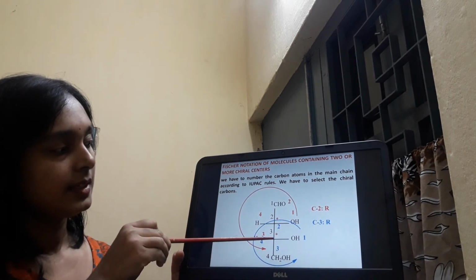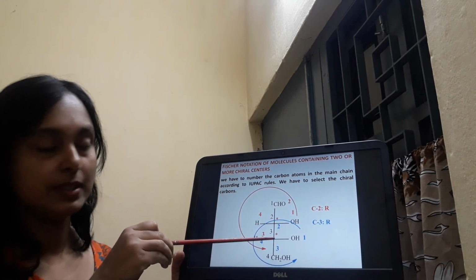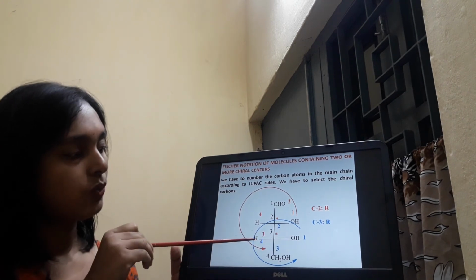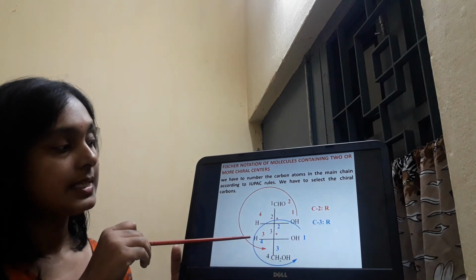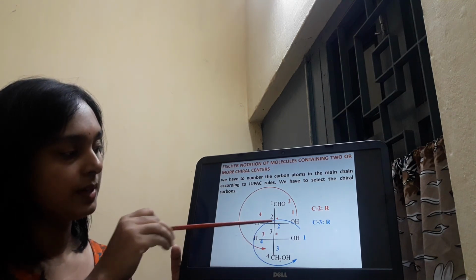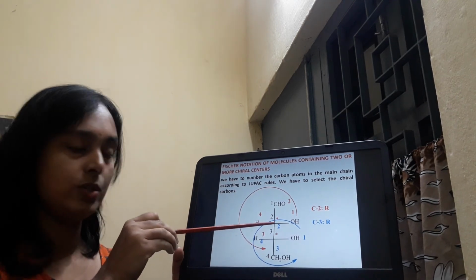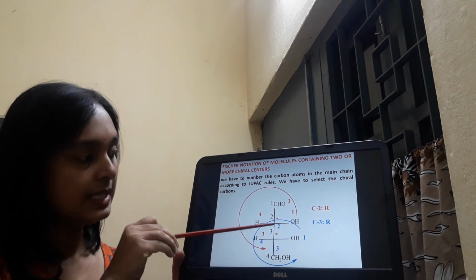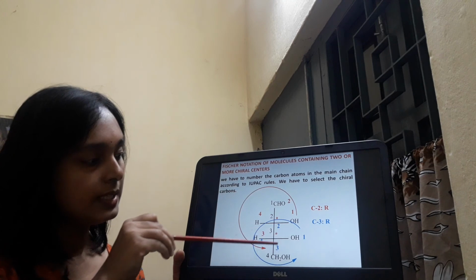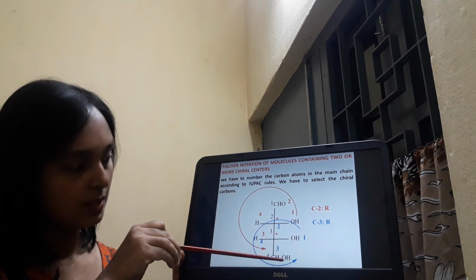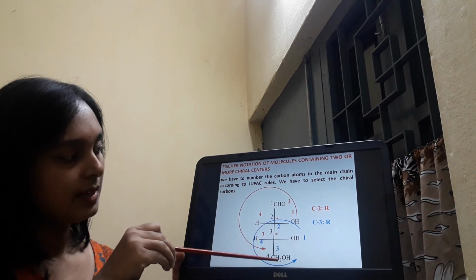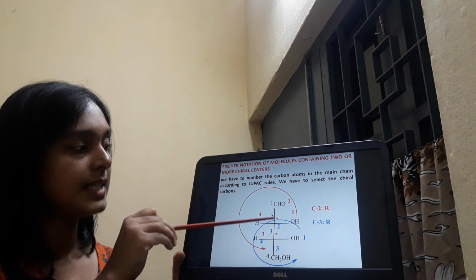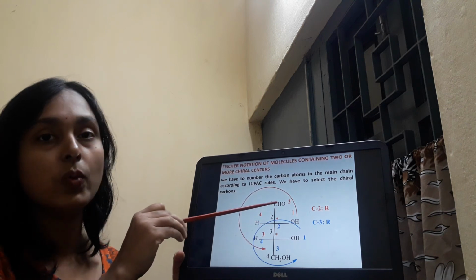Next, the third chiral carbon, what will happen? Obviously OH will be 1, fourth will be hydrogen, the second one we have to compare. So here is the C, here also it is C. So there is a tie, we have to go for the next atom. This C is linked with O, this C is also linked with O, 2 hydrogens, here it is 1 hydrogen and also C. So here is the difference, that C is linked with one carbon.